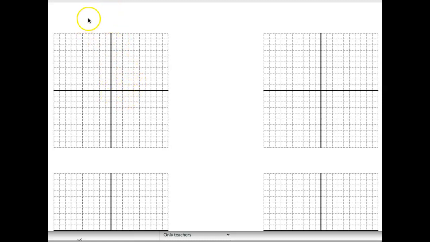So for y equals x squared, we know that when we plug in 0, we get 0. And when you square 1, you get 1. When you square 2, you get 4. And when you square 3, you get 9.